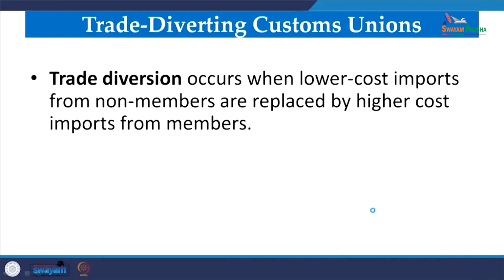Now, coming to the argument for trade diversion, this occurs when lower cost imports from non-members are replaced by higher cost imports from members, just the reverse of the discussion on trade creation. In trade creation, we simply say that the member countries have a lower cost, and therefore lower cost creates further trade.